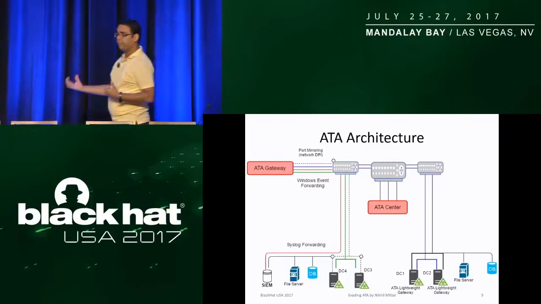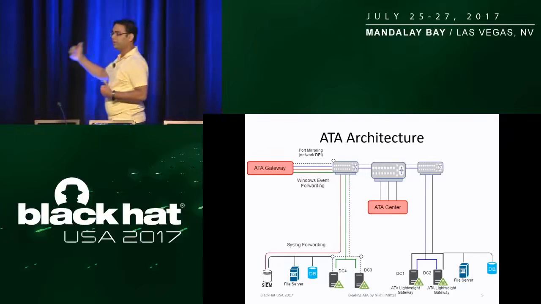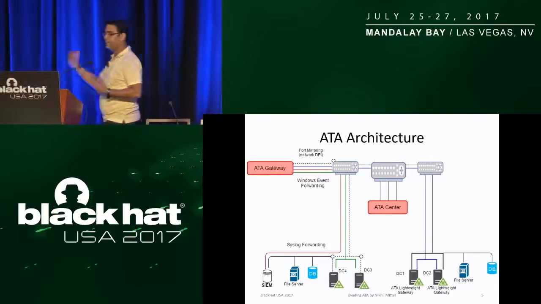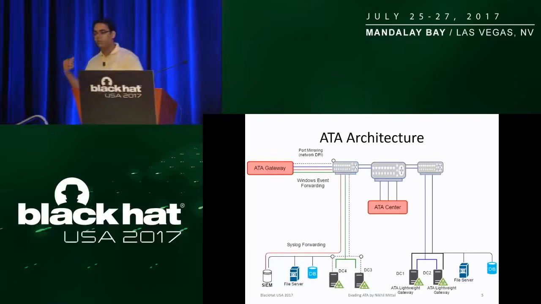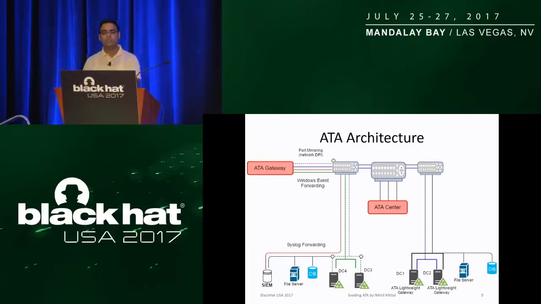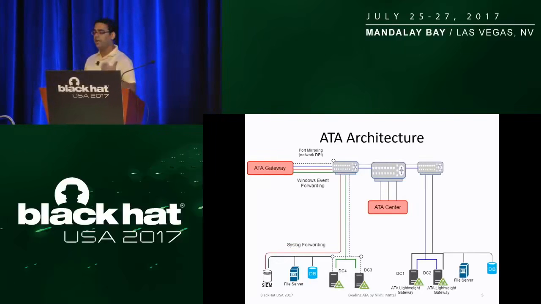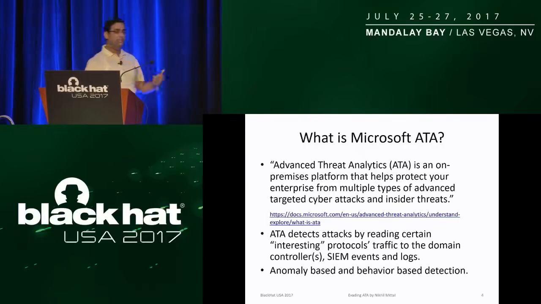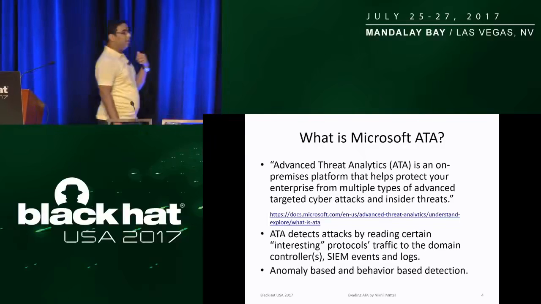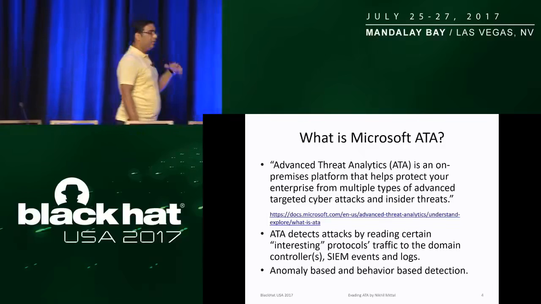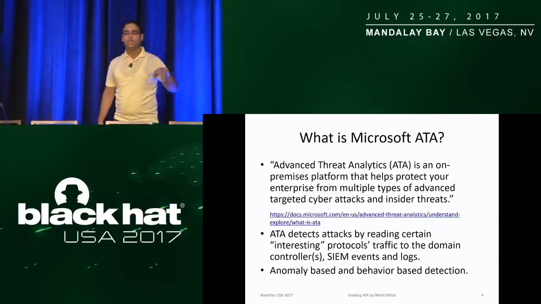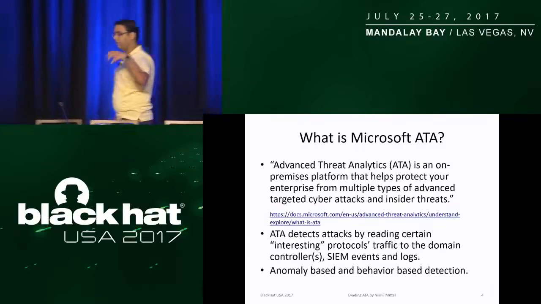It reads certain protocols. What protocols? Like Kerberos, DNS, LDAP, SMB, etc. The sensors of this tool read those protocols and then try to detect an attacker in 2 ways: anomaly and user behavior, UBA. So in this talk, we are going to focus on the anomaly-based attacks, which work from day 1.